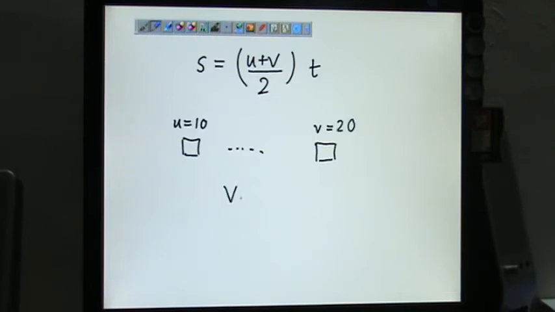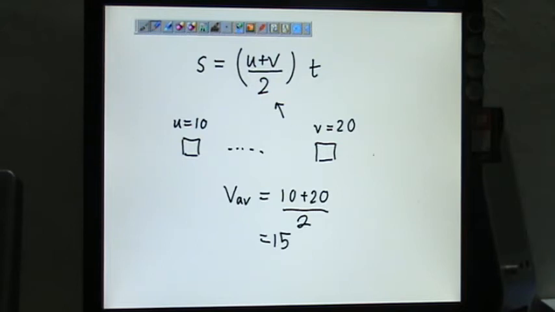So we need to find the average velocity. It is only an approximation. So 10 plus 20, over 2. If you want to find average, you add two things together and divide by 2. So the average velocity in this case is 15.